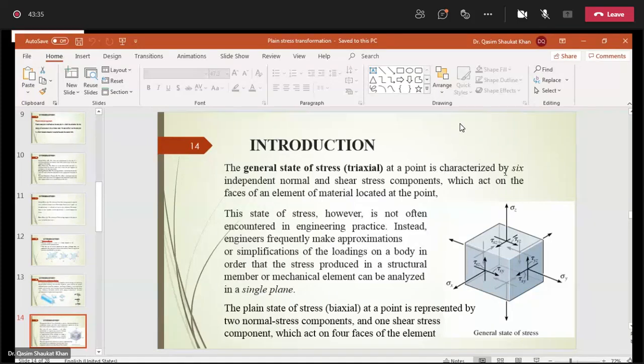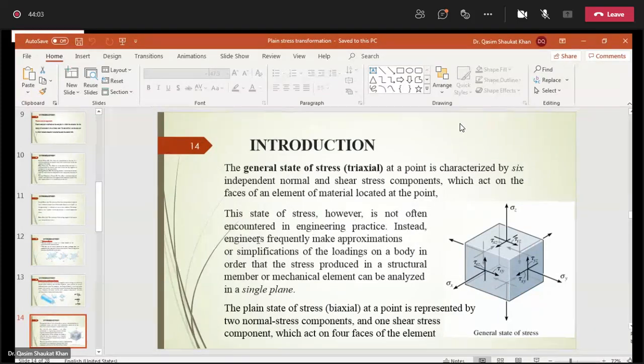Is characterized by 6 independent normal and shear stress components which act on the faces of an element of the material located at the point. So this general state of the stress or the triaxial state of the stress, however, is not often encountered in engineering practice.